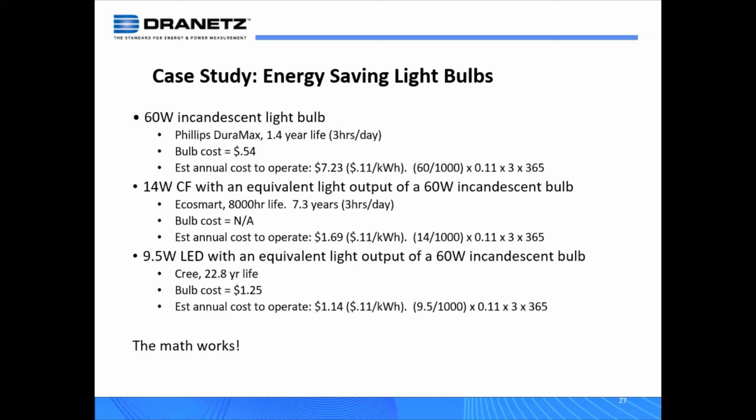And then, of course, the winner of this particular case study is the LED bulb, as far as its bulb cost, the annual cost to operate, and so forth. And we can see from this slide that the math works. And again, the obvious choice here would be the LED bulb from an energy savings standpoint.